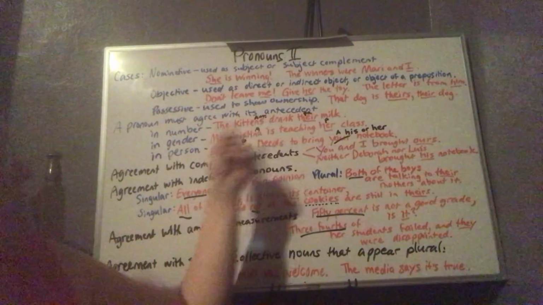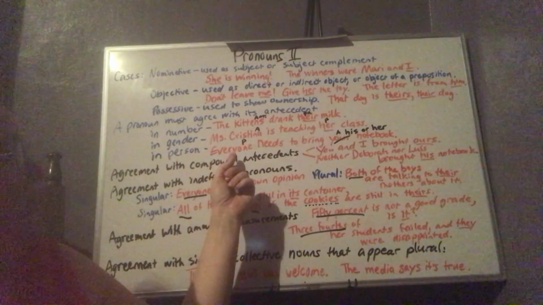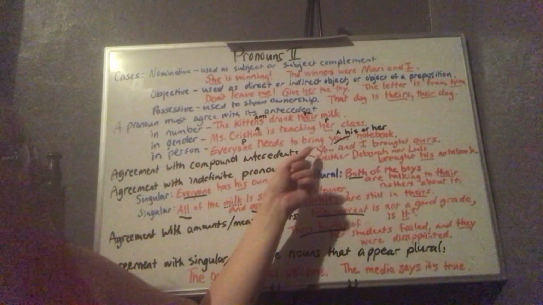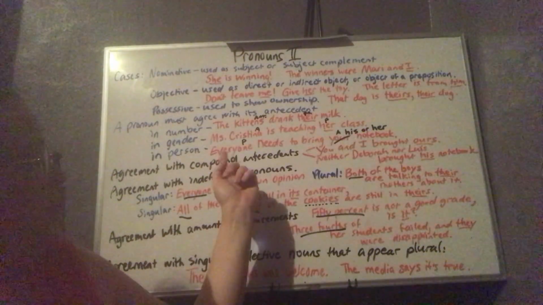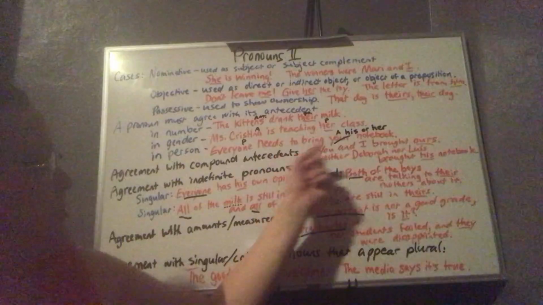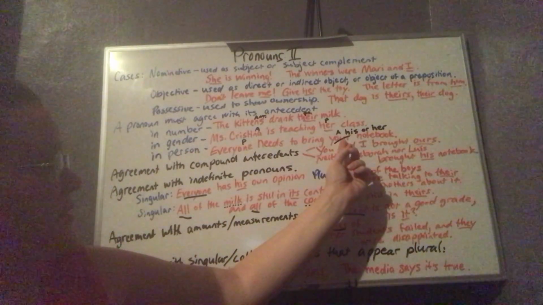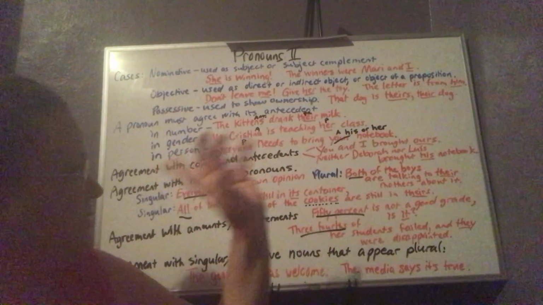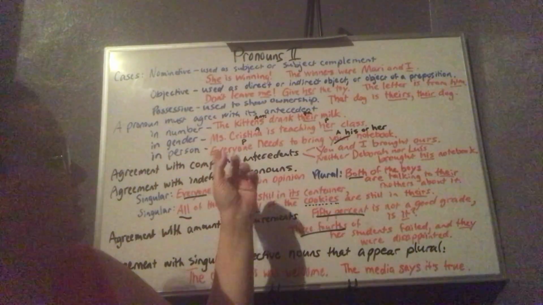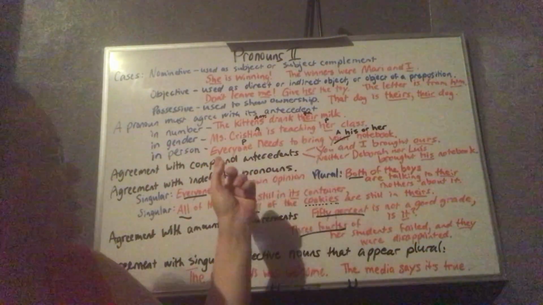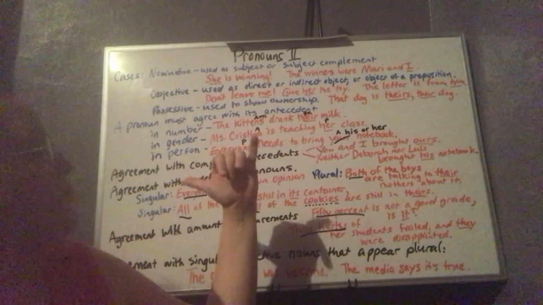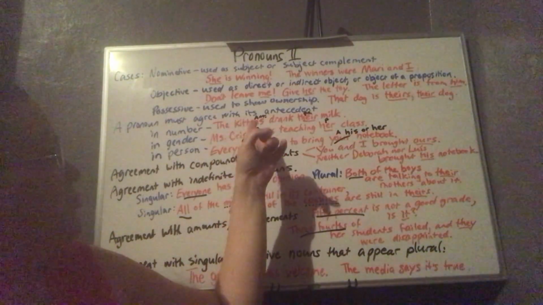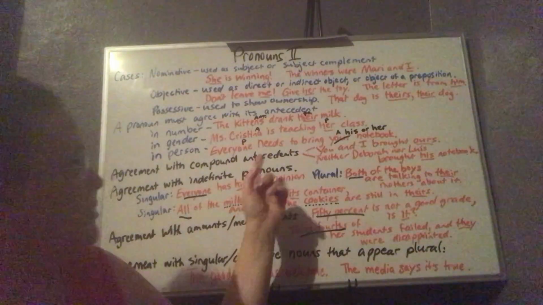Pronoun must agree with its antecedent in person. So everyone needs to bring his or her notebook. So everyone is in third person, and your would be in second person, so it wouldn't work. Everyone needs to bring your notebook. That doesn't work. Everyone needs to bring their notebook. Agrees in person, but it doesn't agree in number because everyone is singular.